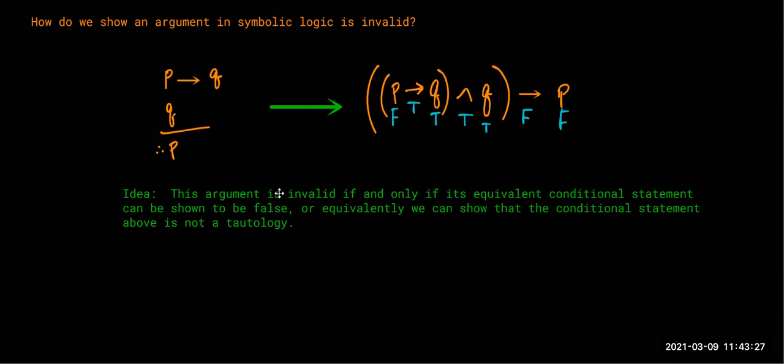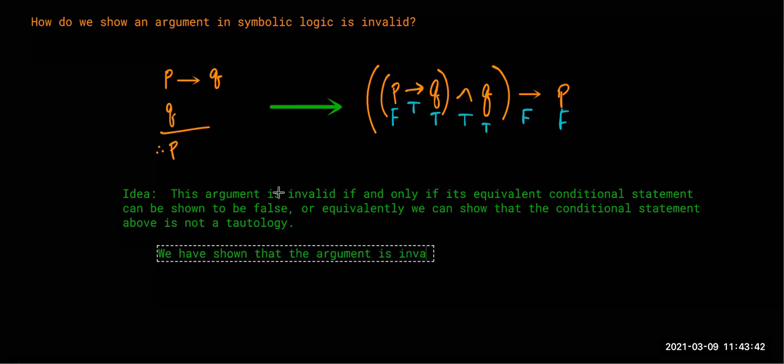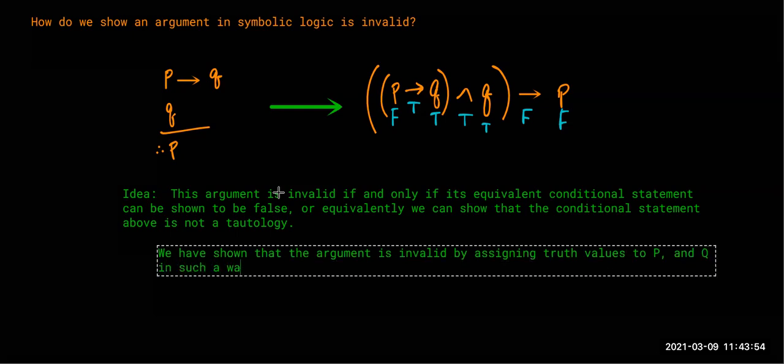So we would say that we have shown that this conditional statement is false, and therefore we have shown that the argument is invalid. To make this a little more formal, we want to add here that we have shown that the argument is invalid by demonstrating, by actually assigning truth values to P and Q in such a way that makes the premises true while the conclusion is false.